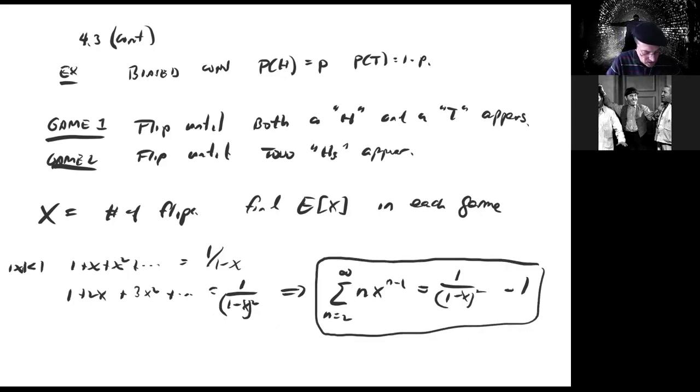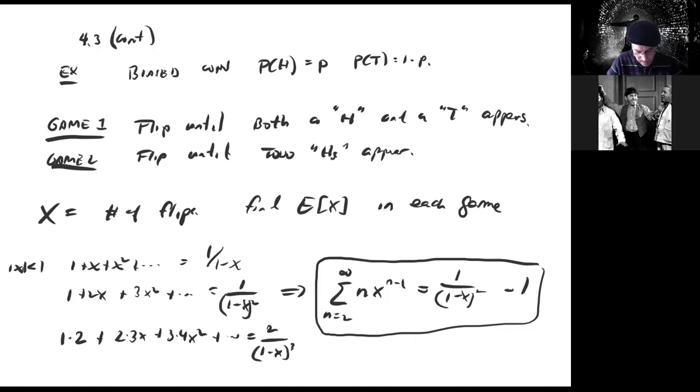And the second calculation is we're going to differentiate again. If we differentiate again, the 1 goes away, and you're left with 2, which I'm going to write as 1 times 2, and then 2 times 3 times x, plus 3 times 4 times x squared, and so on, equals the derivative of the right-hand side, which is 2 over 1 minus x quantity cubed.